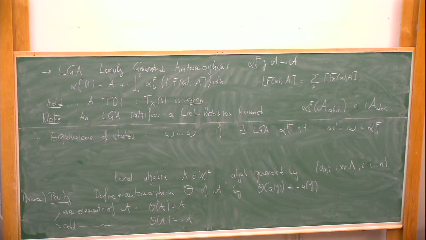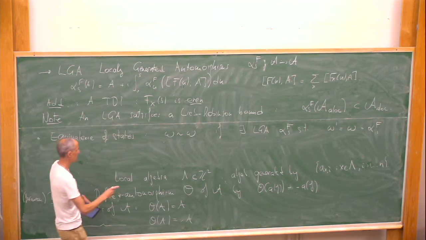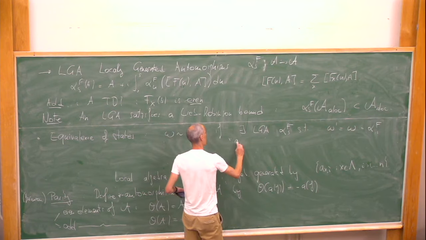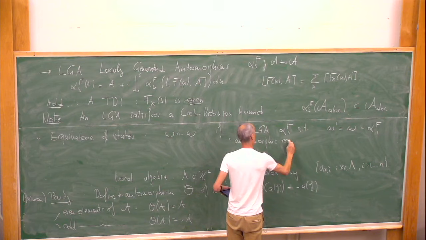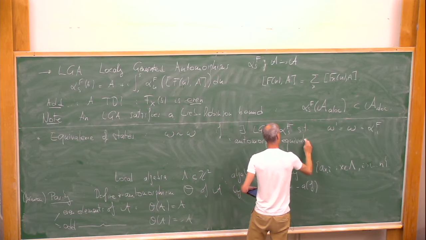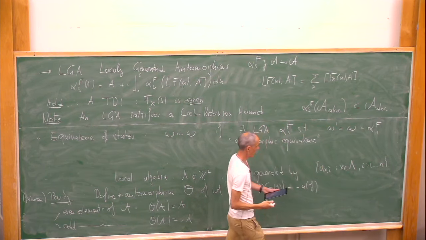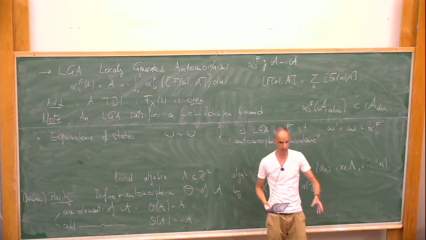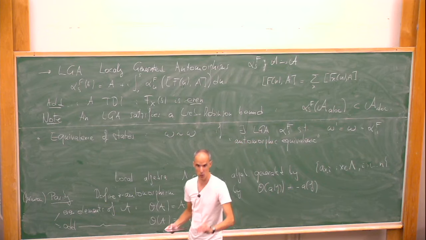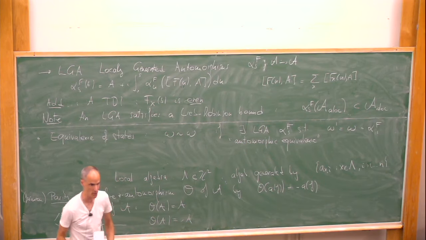Now, you have to be careful, because you will see and we've heard of other definitions of equivalence. So this sometimes is also called automorphic equivalence. Okay, because these two states are related by an automorphism. In fact, a particular automorphism which is particularly local. It's generated by a local Hamiltonian.